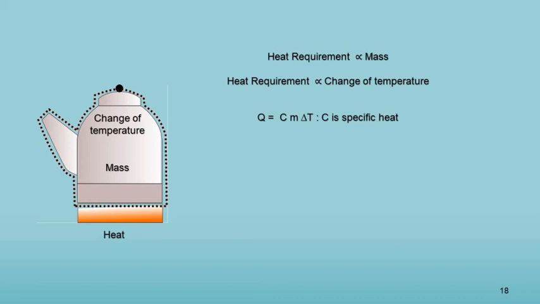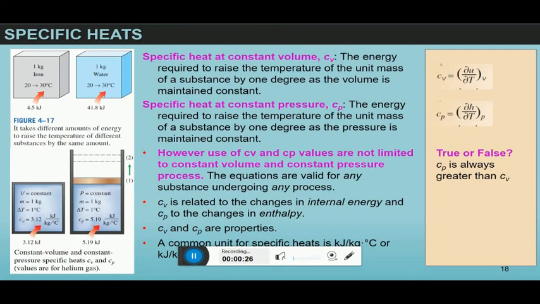Now, when it comes to a gas, the process that we let the gas undergo during this heat addition is important. Depending on this process, the amount of energy needed to raise the temperature of 1 kilogram of gas by 1 degree Celsius changes. So we can have two types of processes in this case, constant volume and constant pressure.